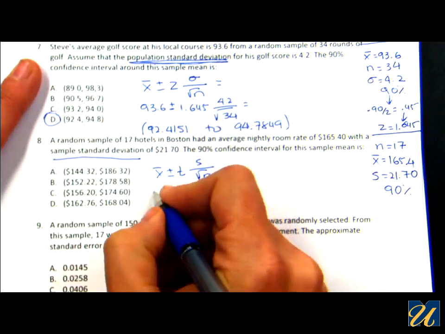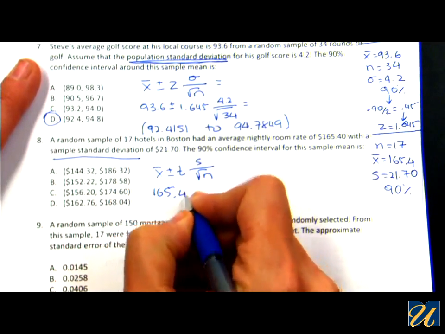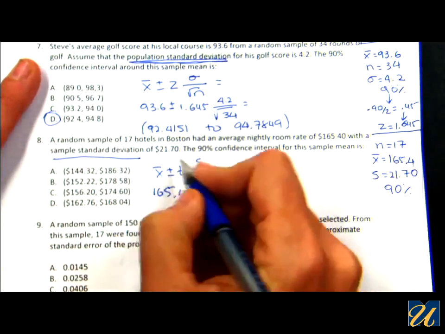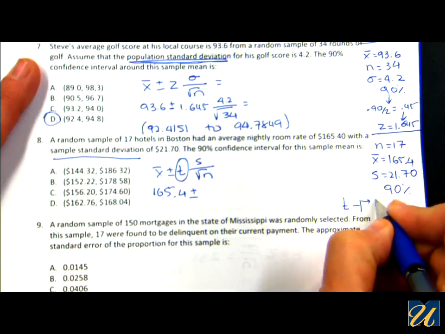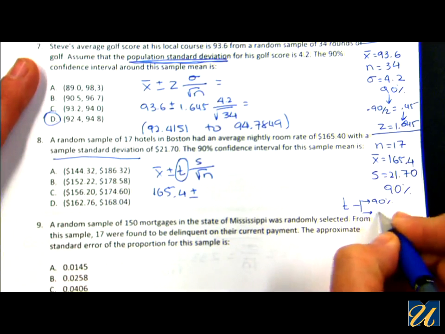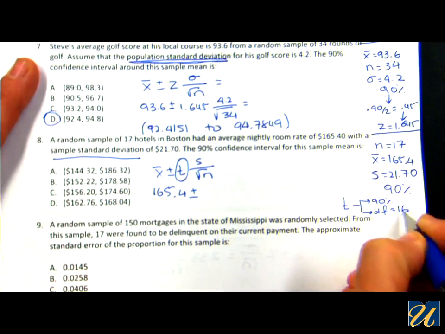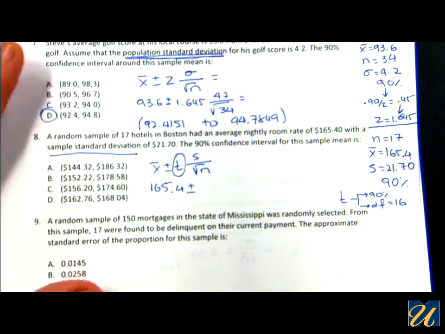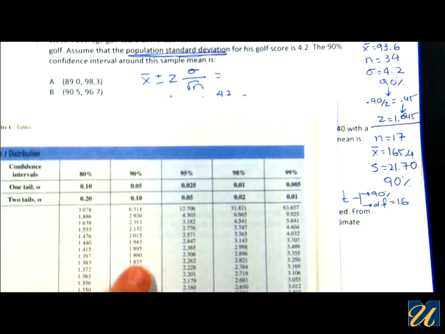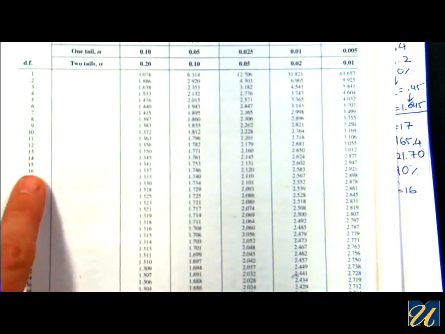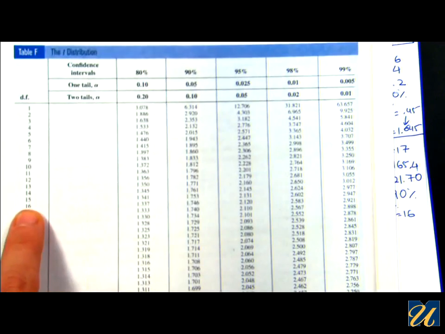X bar is 165.4 plus or minus. For the t value, I will look at the t table for 90% and degrees of freedom equal to 16, 17 minus 1. So you will go to your t table, 90%, which is the second column, and you're going to look across for 16 degrees of freedom.